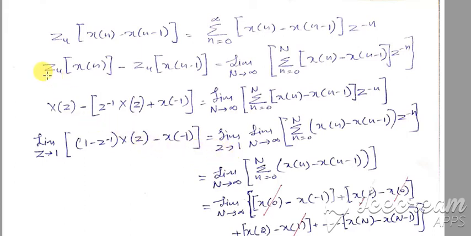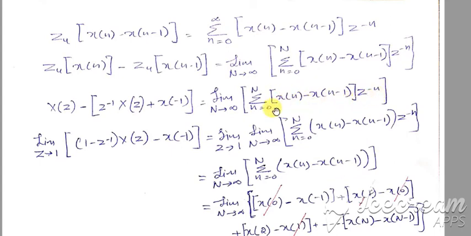Now the Z transform of x[n] can be written as X(z) minus the Z transform of x[n minus 1], which, from the time shift property that we have just discussed, becomes z inverse X(z) plus x[minus 1], is equal to limit n tends to infinity summation n is equal to 0 to n of x[n] minus x[n minus 1] z raised to the power minus n.